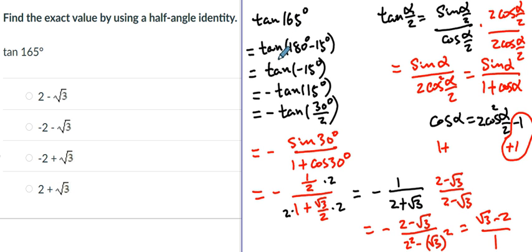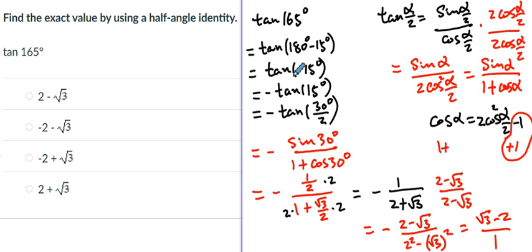But we know tangent has period 180 degrees, so this 180 degrees can disappear. What we get will just be tangent negative 15 degrees.